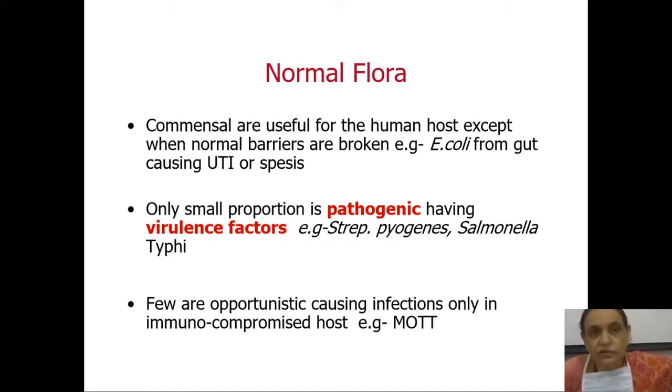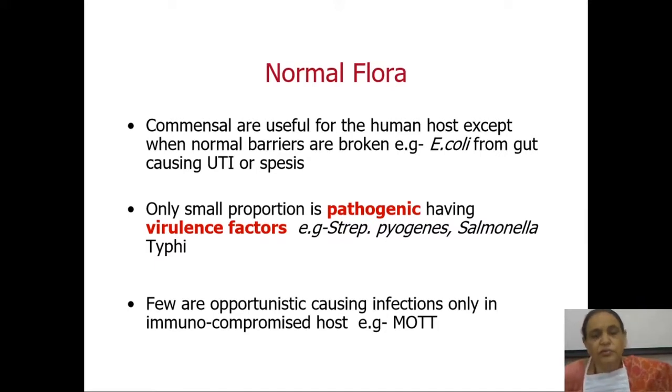So we have a normal intact skin, we have a mucosa, we have some enzymes, but due to some reason when the normal barrier is broken, then these can invade inside the sterile body sites and cause infections. One example is E. coli, that can go from our gastrointestinal tract, cause UTI, or when it enters the blood, cause sepsis.